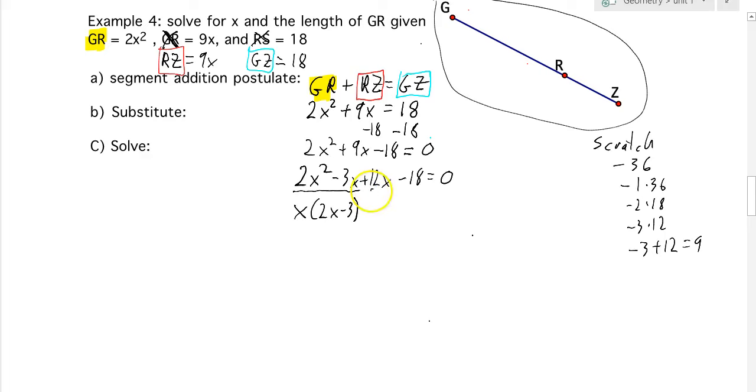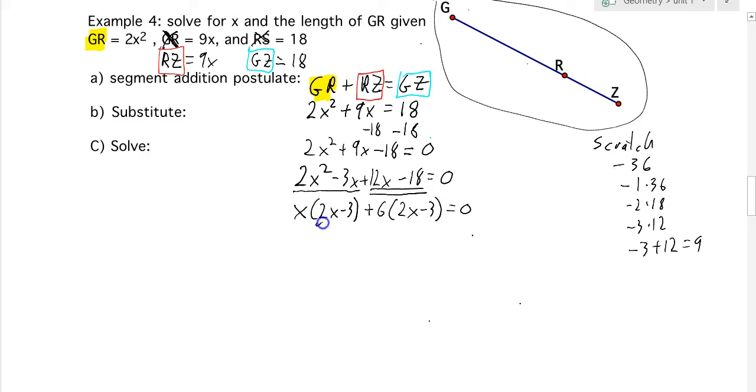I can factor out the common factor of my last two terms. Both of those factorings are using the distributive property backwards. This is how factoring works.